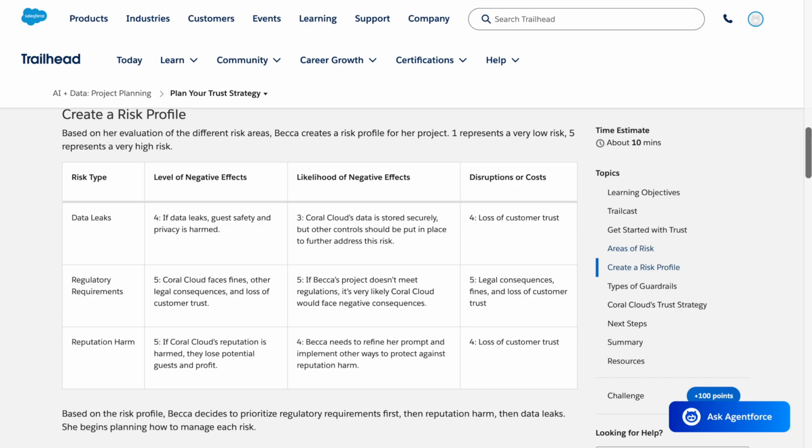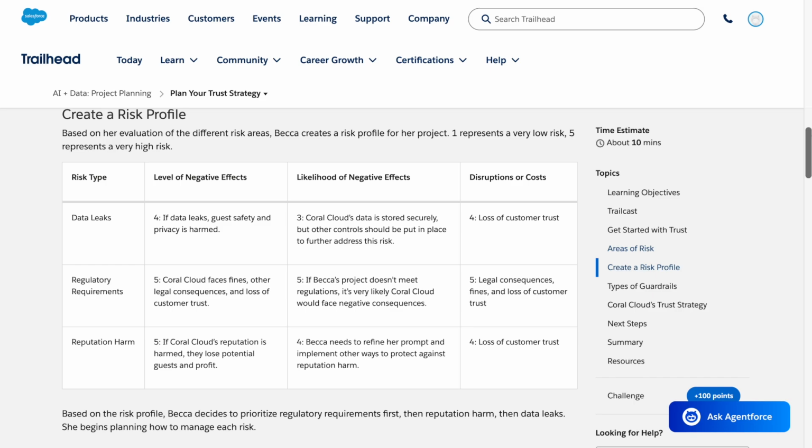Risk type: regulatory requirements. Level of negative effects: 5. Coral Cloud faces fines, other legal consequences, and loss of customer trust. Likelihood of negative effects: 5. If Becca's project doesn't meet regulations, it's very likely Coral Cloud would face negative consequences. Disruptions or costs: 5. Legal consequences, fines, and loss of customer trust.